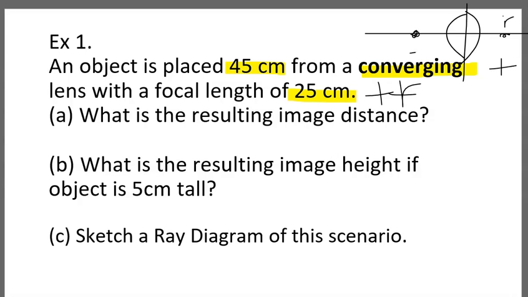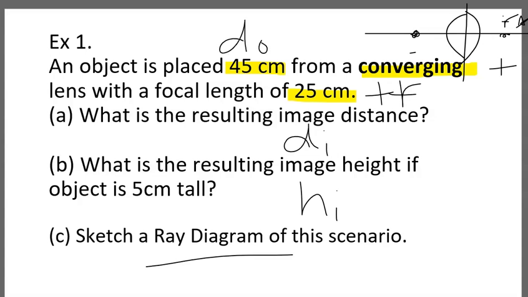That's our F star. We want to find the resulting image distance for part A, so the image distance will be dI. What's the resulting image height, hI? And then we'll draw a diagram of this. And this is the distance of your object.